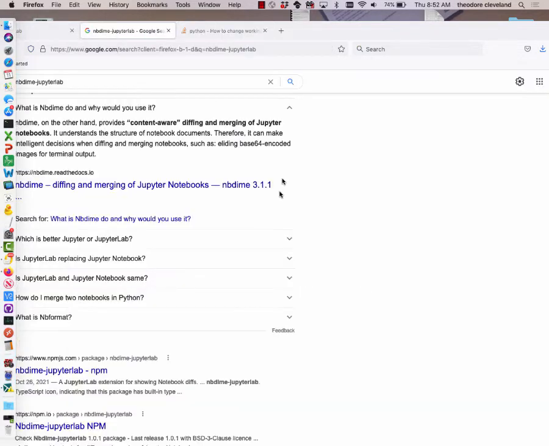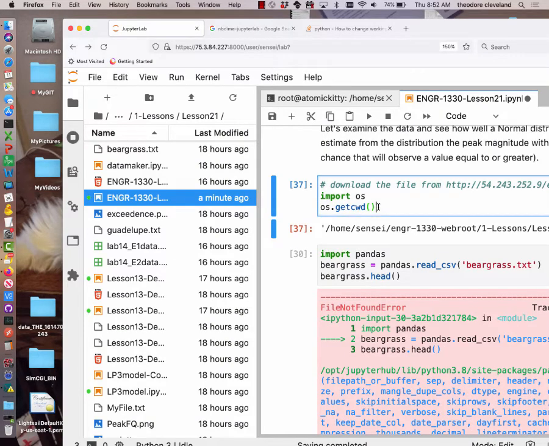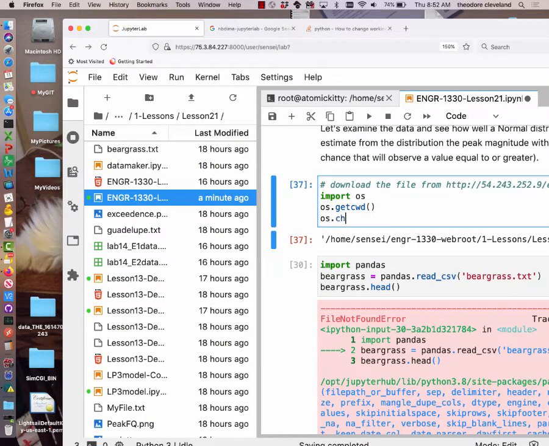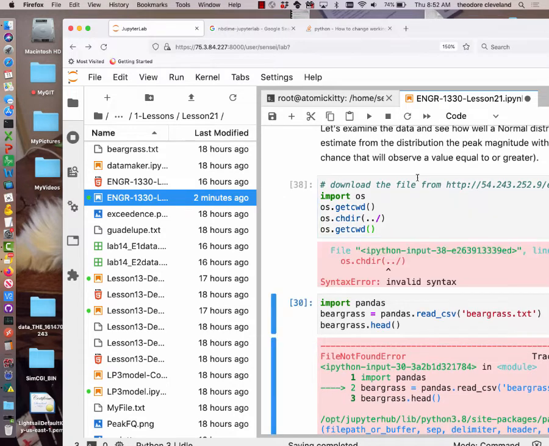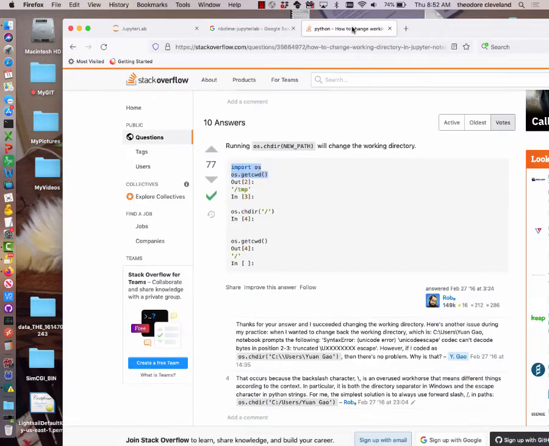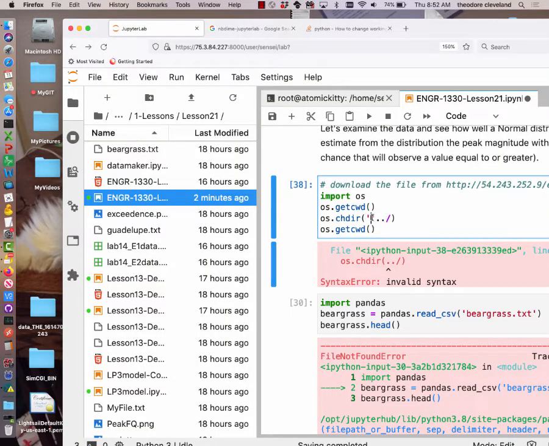CHDIR. I guess I should actually look at the syntax. We'll find out in a second. Yeah, that's not the right one. Probably has to be in quotes. Yeah, you knew that. Hopefully this doesn't happen to you all too often.